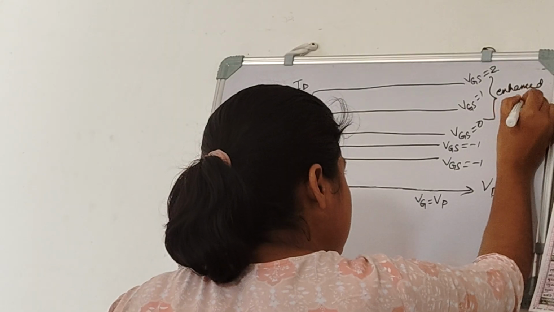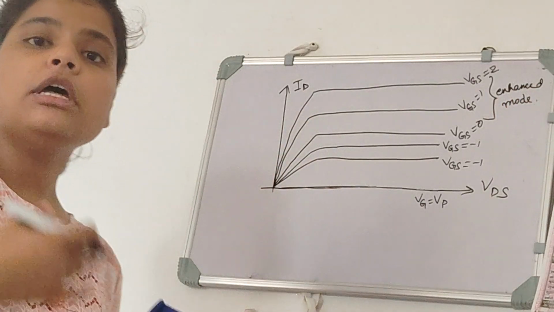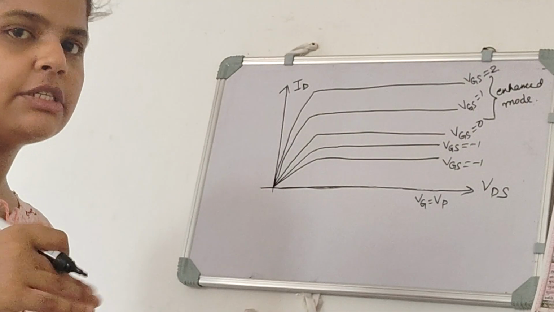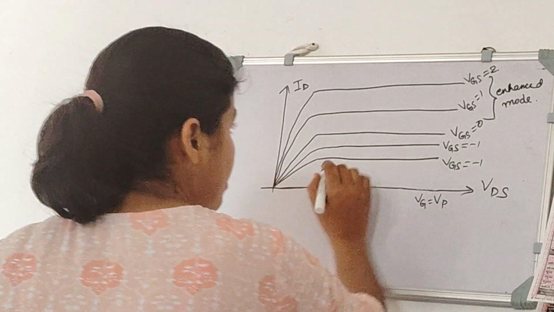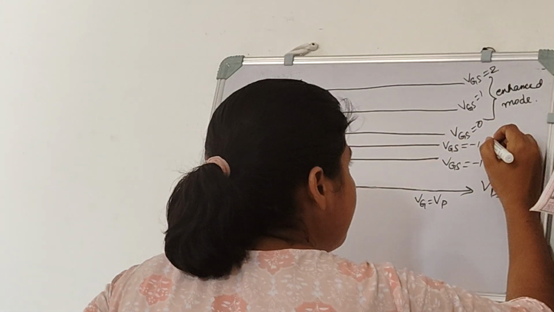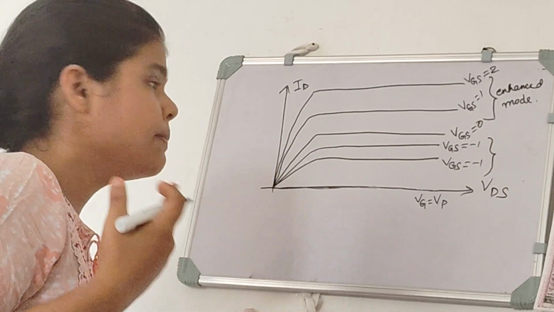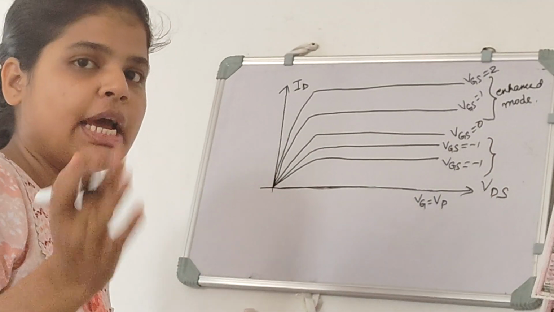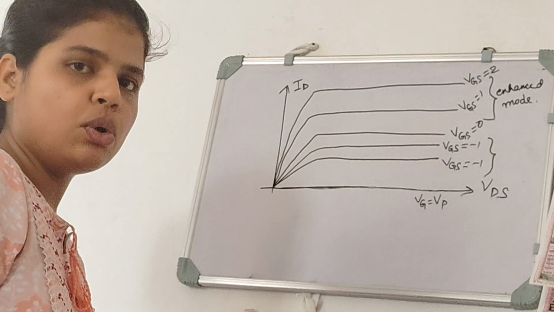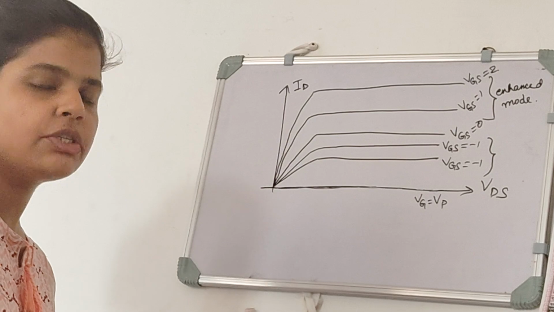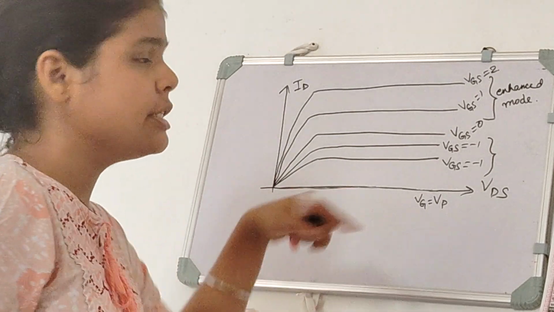And why do we use this word enhanced? Because the number of charge carriers in the channel got enhanced when VGS is positive. Now see, when VGS is negative, the number of charge carriers in the channel decreases. So we can say that our channel gets depleted of electrons or charge carriers when VGS is negative.